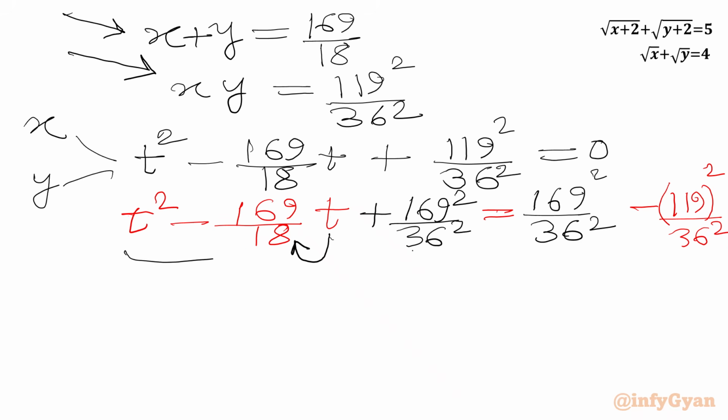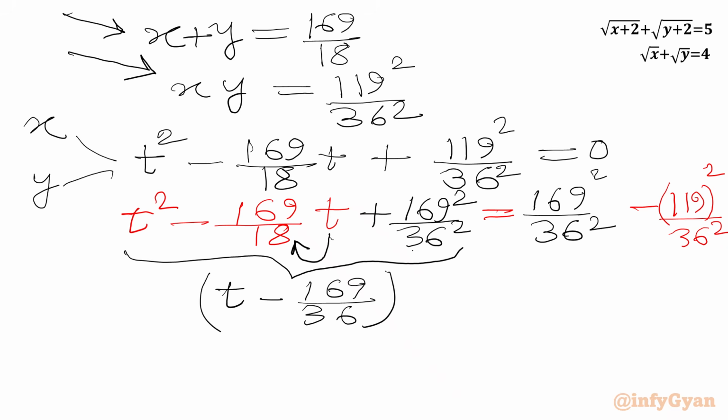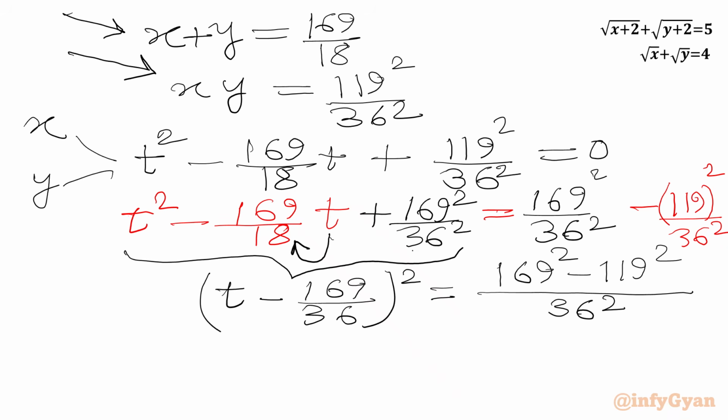Now the LHS will give us the perfect square of t minus 169 over 36. And in the RHS, we will write our common denominator 36 square. So in the numerator there will be 169 square minus 119 square. Now we will be using the a square minus b square formula.